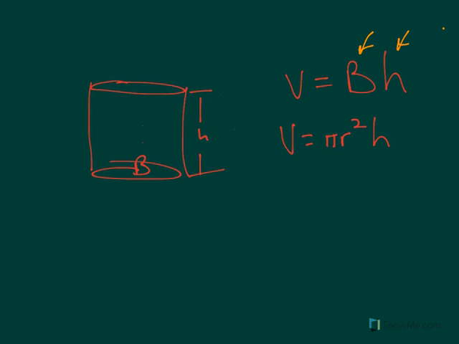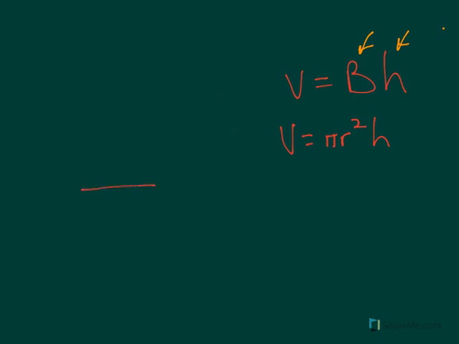If you had a triangular prism, same idea. It'll be a base area times a height. So let's say we had some sort of triangular prism, and this was your base area times your height. That would get you the volume for a triangular prism.